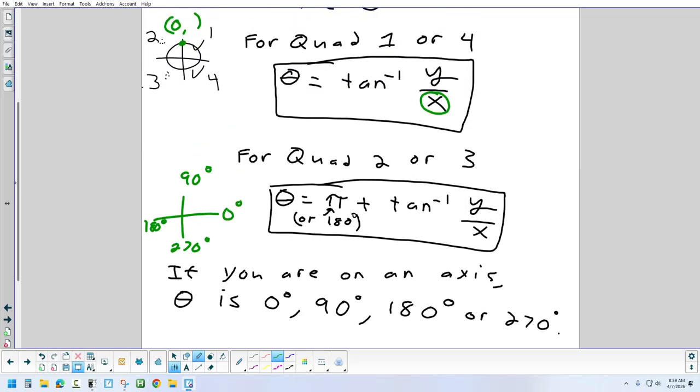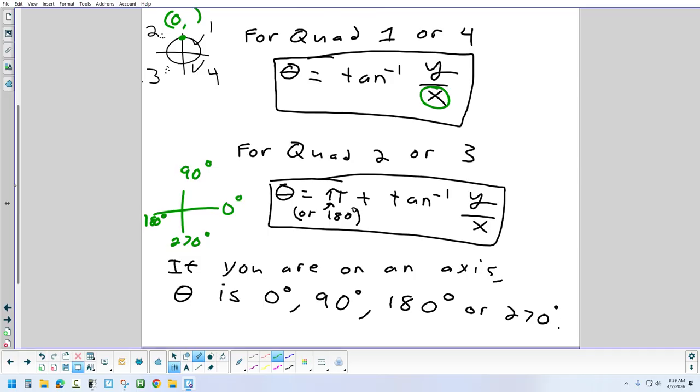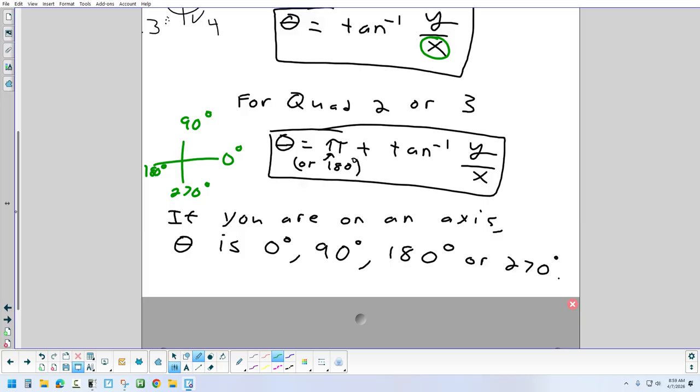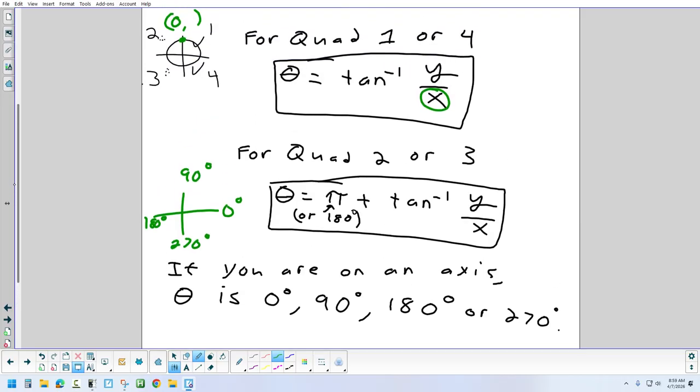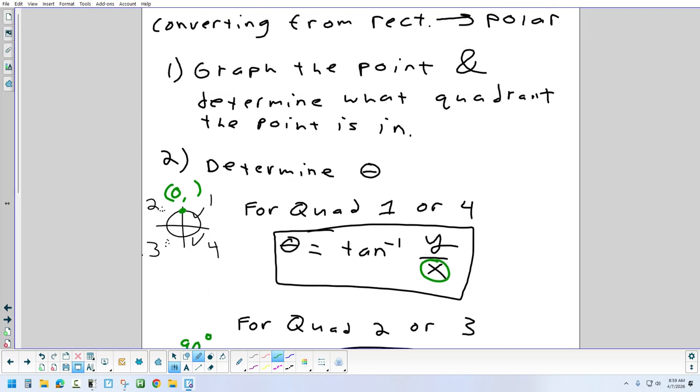Okay, so now you've got a formula if your point lands in quadrants 1 and 4. You've got a formula if it lands in 2 and 3. And we know what to do if it lands on an axis. So that covers every possible situation you could have when you're trying to find theta.